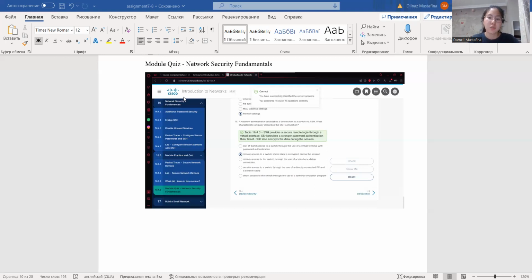Mitigating network attacks involves securing devices such as routers, switches, servers, and hosts. Organizations commonly adopt a defense-in-depth approach, employing a combination of network devices and services.